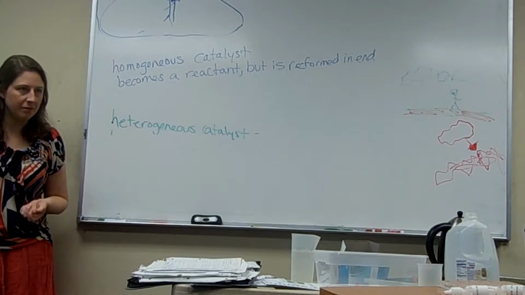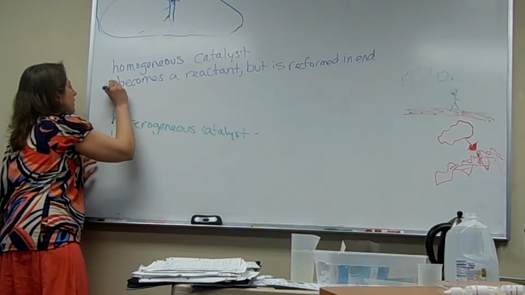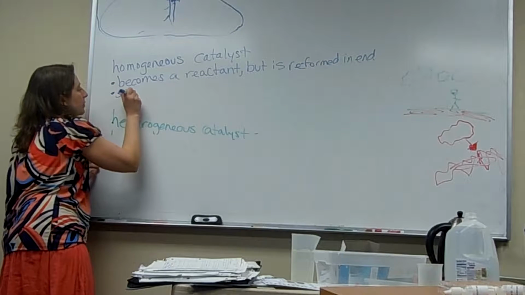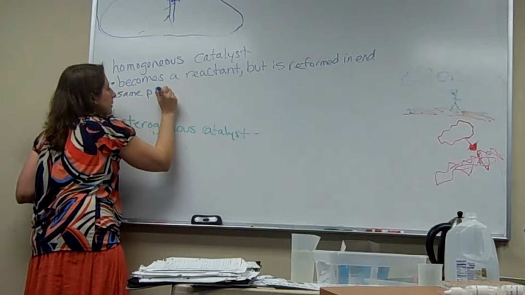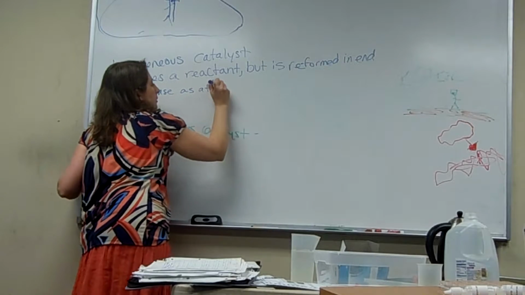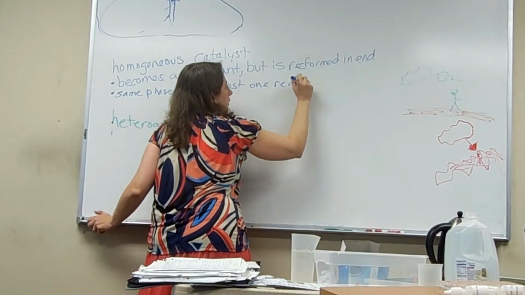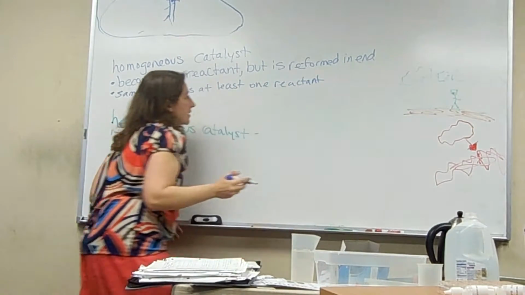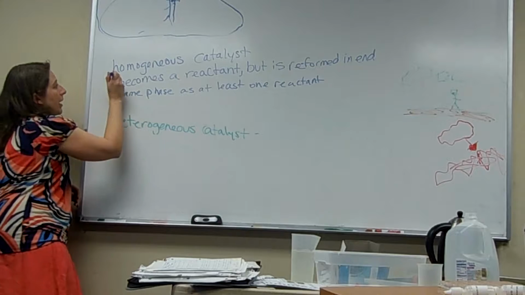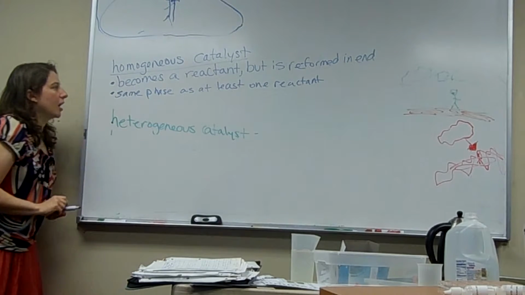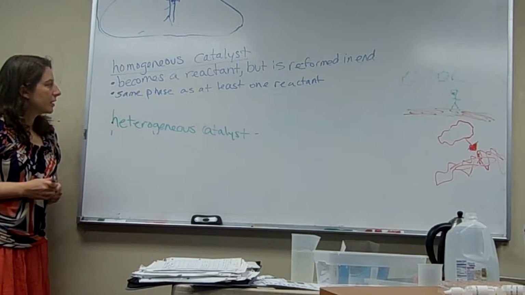Same phase. They have to be the same phase as at least one reactant. Okay. So these guys actually participate in the chemical reaction, and then they're reformed in the end.